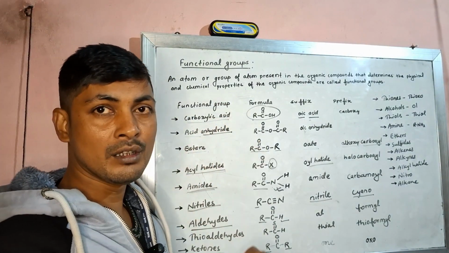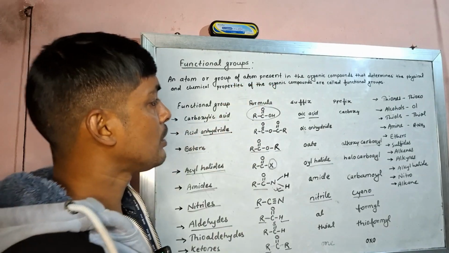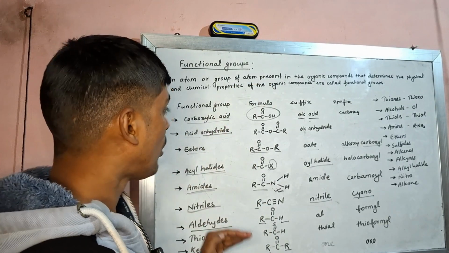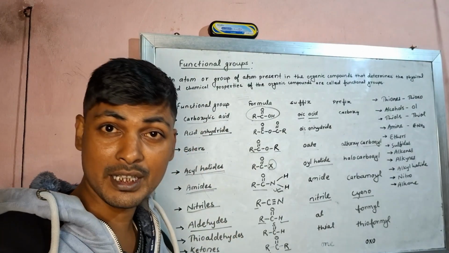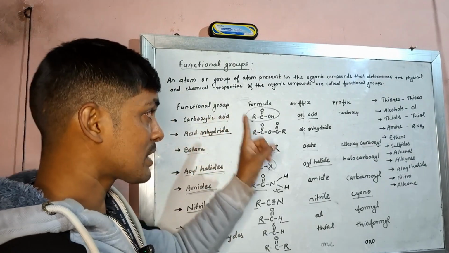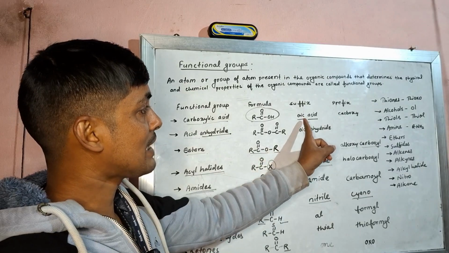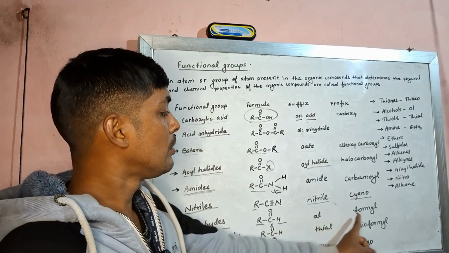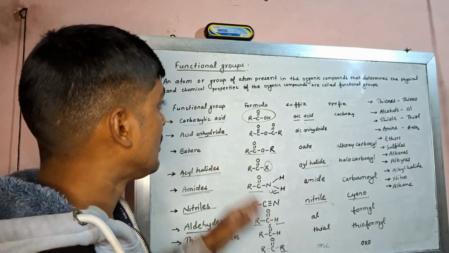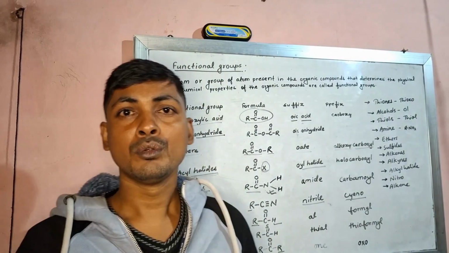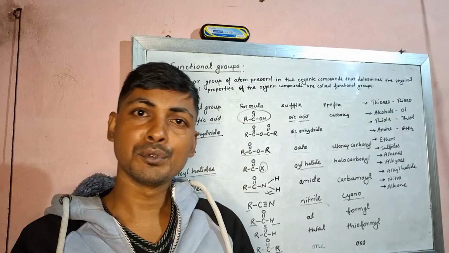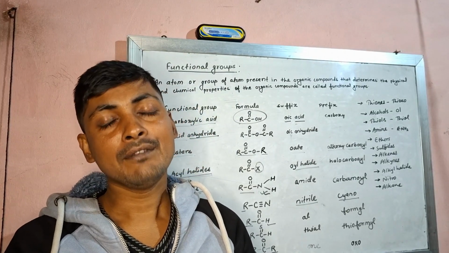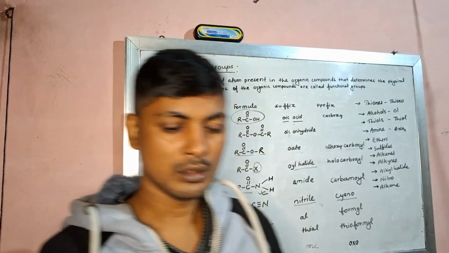Carboxylic acid is at the top according to the priority order, whereas aldehyde comes after carboxylic acid. So carboxylic acid is used as suffix, whereas the aldehyde is used as prefix. In this way, according to the priority order, we have to decide whether to use a suffix or prefix word for any functional group.